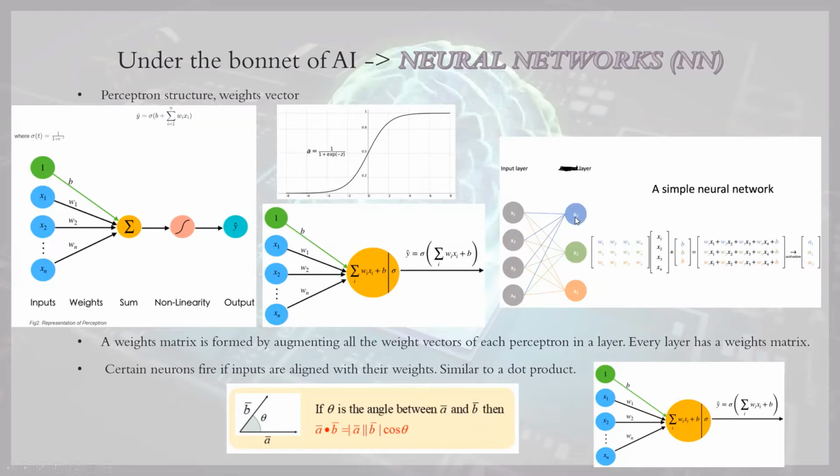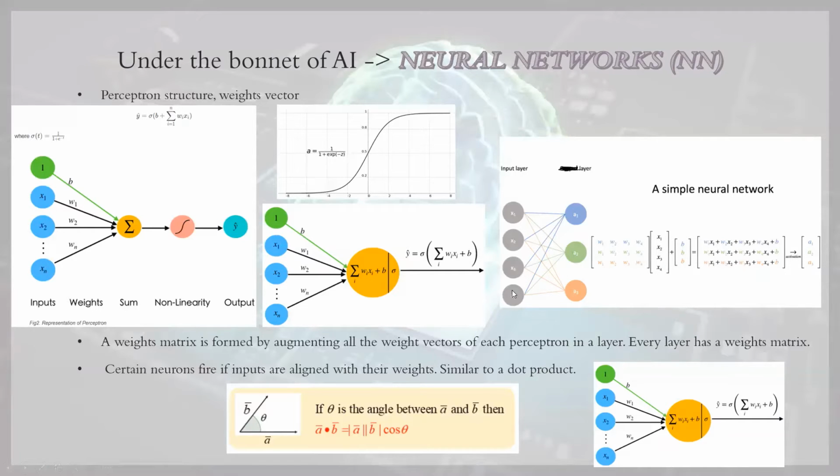If you take one neuron, it's connected to all the inputs, and each connection has a weight, and these weights can be written as a vector like this. The same goes for this neuron also. You have four elements in this vector, and for this neuron also you have these 4 weights.